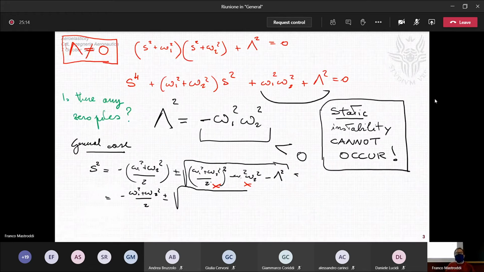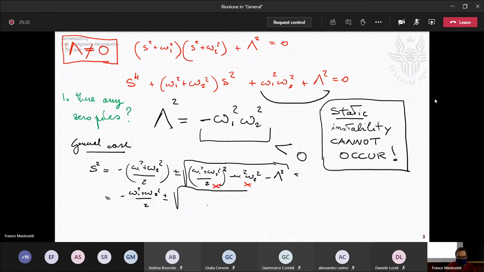If you develop this binomial to the power 2, the double crossing product can be simplified. Consider these two at the denominator, please. You can combine the crossing product with this omega 1 square omega 2 square.